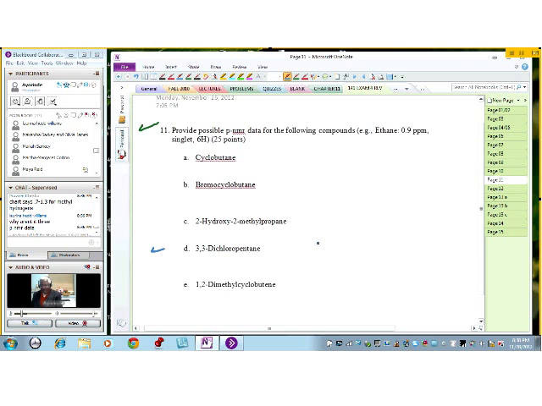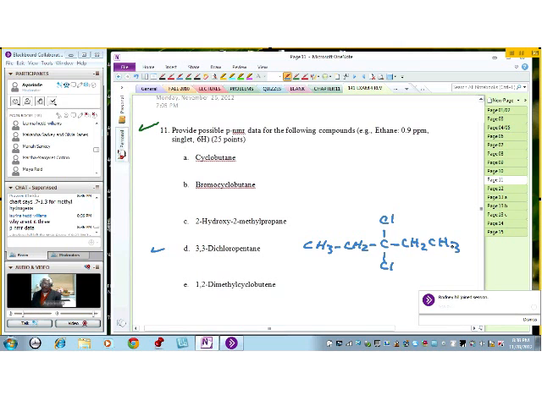Okay, so let us do this. D. We have 3,3-dichloropentane. Okay, now let me ask you this. How many different types of hydrogen do you have in this molecule?